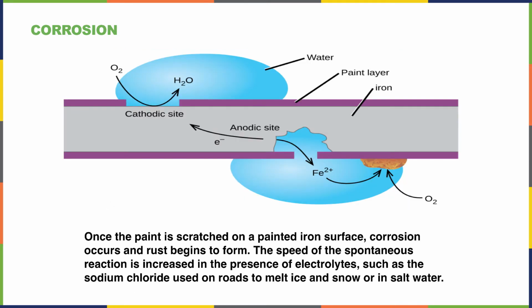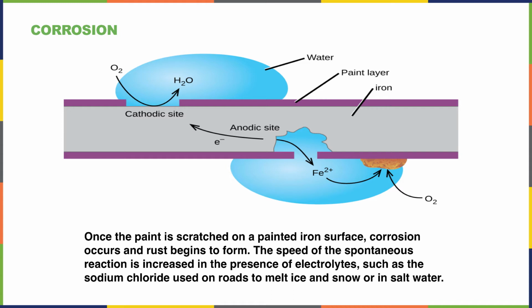So corrosion is essentially, as it says, an electrochemical process. You have a cathodic site and an anodic site. The anodic site is the oxidation site, and the cathodic site is the reduction site.